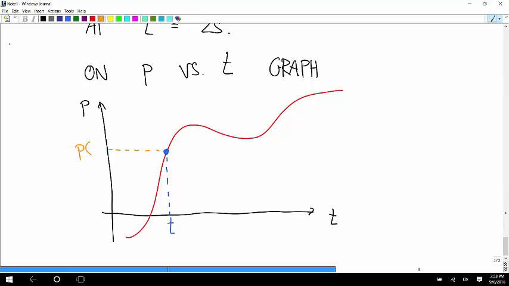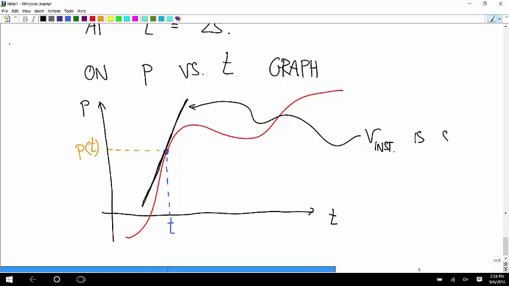So this is p at that point t. The instantaneous velocity is the slope of a line that's tangent to the graph at that desired point t. Okay, it's a slope.